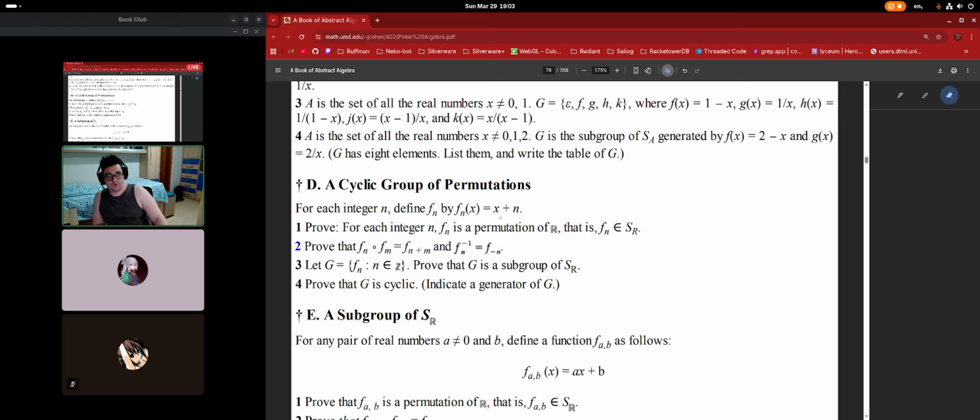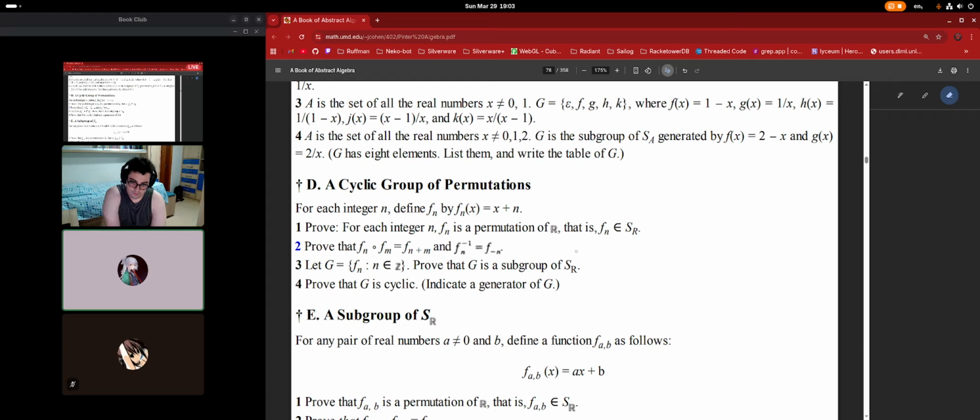So that means, what is the inverse of f of zero? F of zero is the identity, and the inverse is you just negate n. Yeah, so like the inverse of f of 1 is f of minus 1.